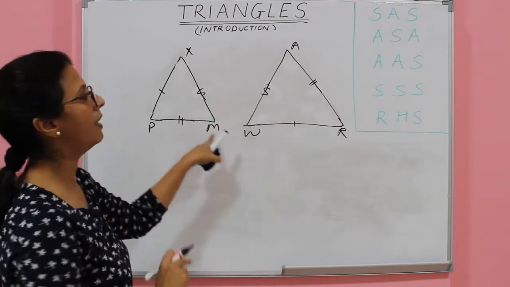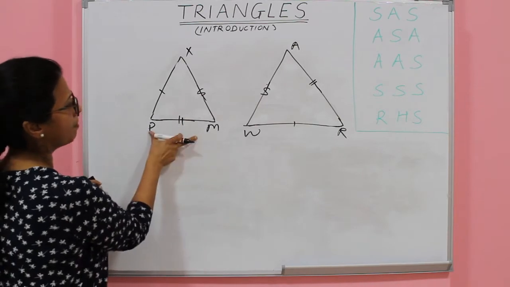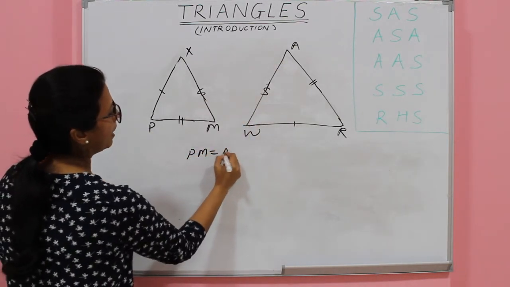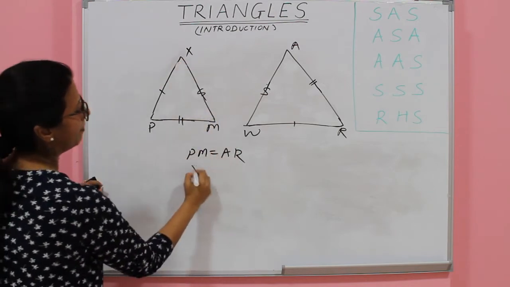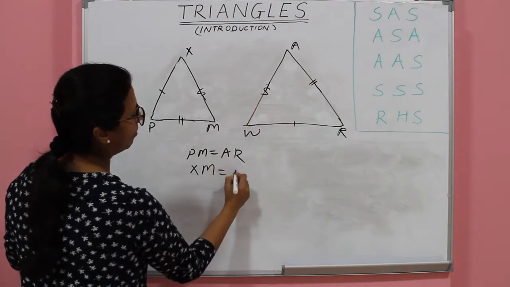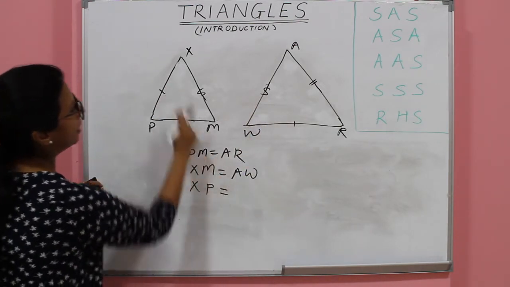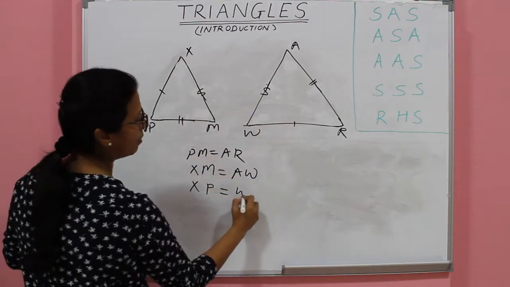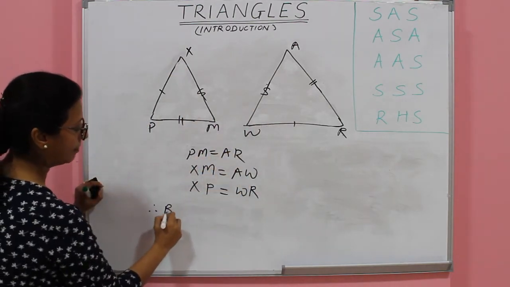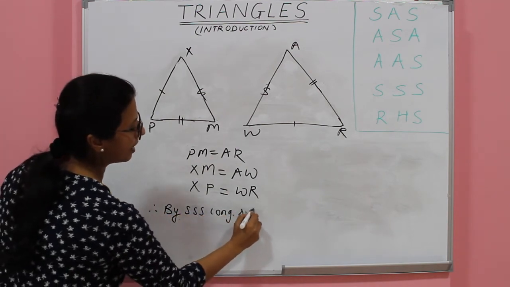Whatever is given, we can write as PM is equal to AR, then XM is equal to AW, and XP is equal to WR. This was given. All three sides are equal. Therefore, by SSS congruency rule, the two triangles are going to be congruent.